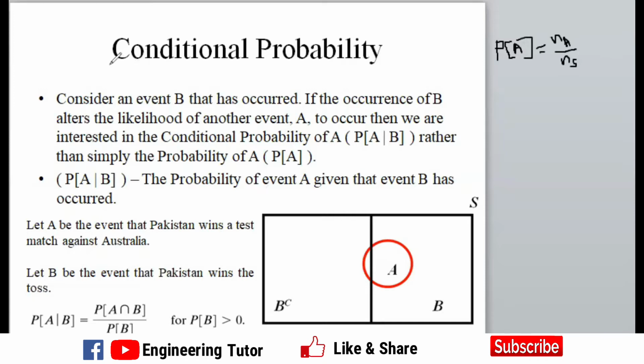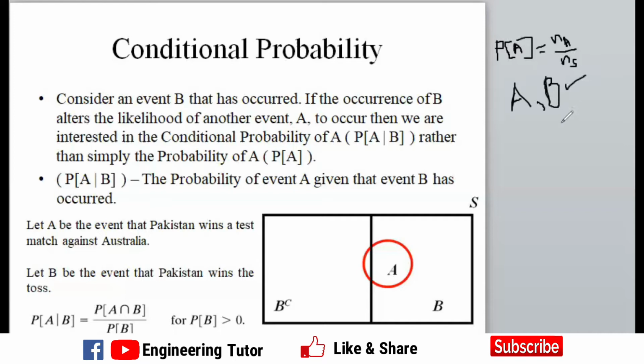In conditional probability, you have basically two events. One event has occurred, and you want to find out the probability of the happening of another event. So let's say you have two events, event A and event B. Let's say event B has occurred.